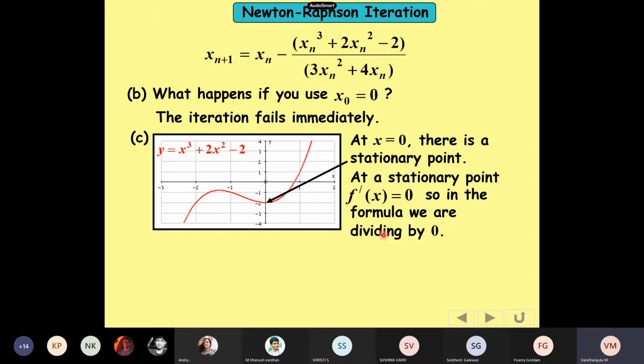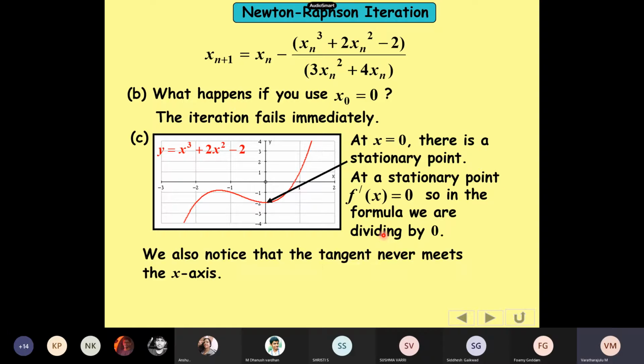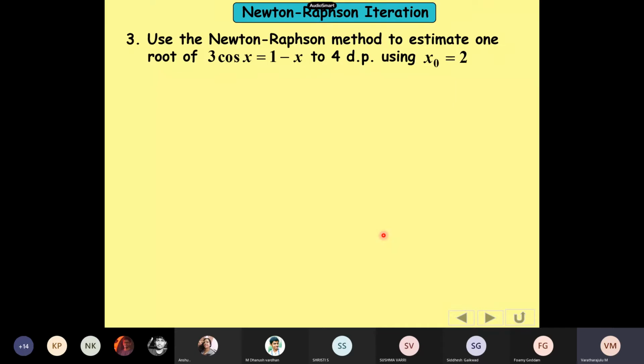Therefore we don't get any tangent, so that point is called a stationary point. The tangent never meets the x-axis. This type of peculiar curve, where the point doesn't meet the x-axis, is called a stationary point. So this is the answer for question number 2C, and this is for your practice.